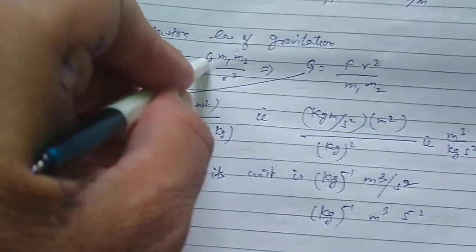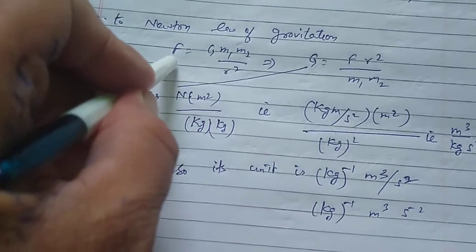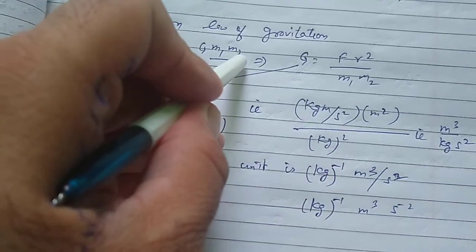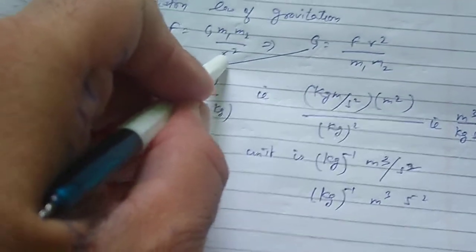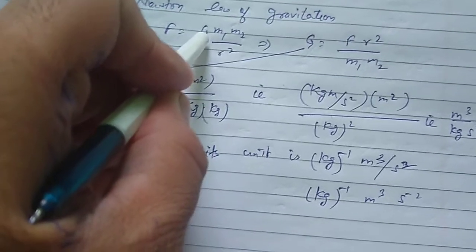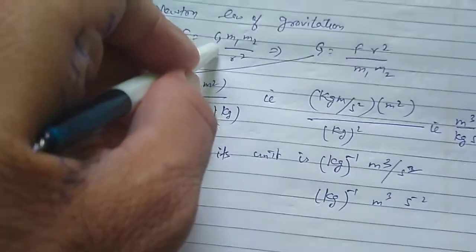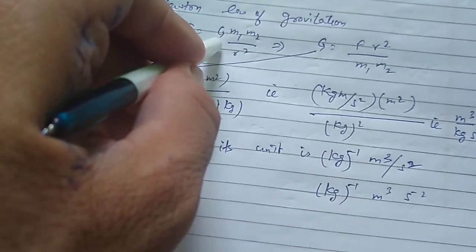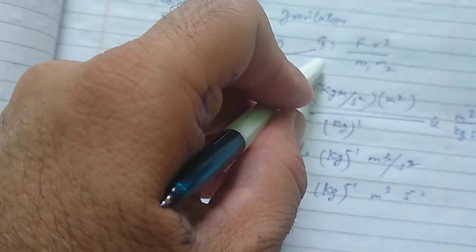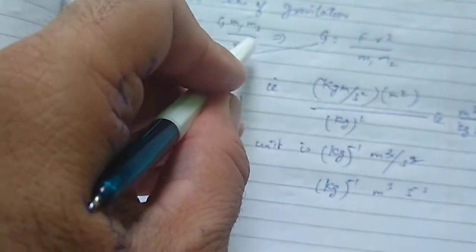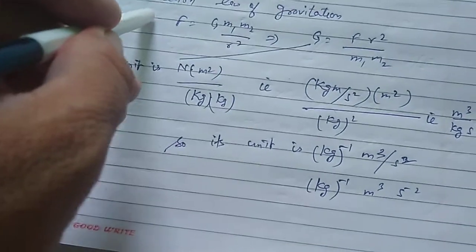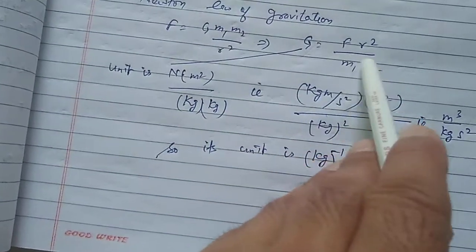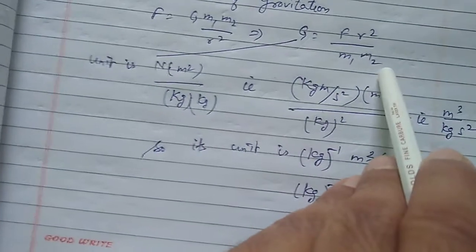G is the universal gravitational constant, F is the gravitational force, m1 and m2 are the masses of two bodies and r is the separation between those two bodies. I want to get the unit of G. So I have written G on one side and the other physical quantities are transposed to the other side. So G comes out to be F r square upon m1 m2.